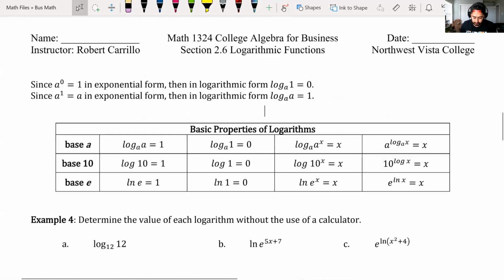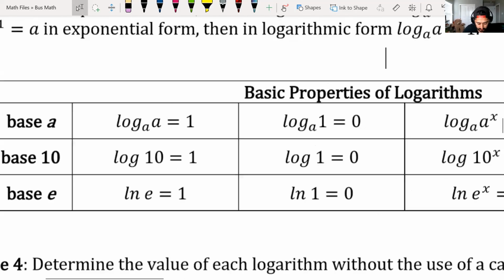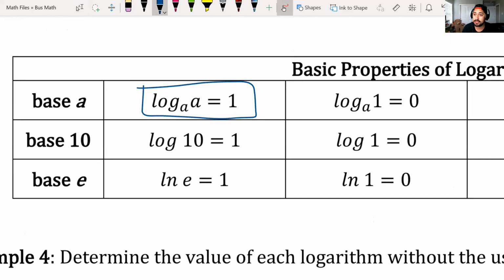Okay. So this lovely box, basic properties of logarithms. Let's look at the first column. We just saw this one above. It says log base a of a is 1. So if the base is the same as the number inside the log, the answer is always 1. Hence, that's why log of 10 is 1. If there is no base shown on the log, we understand that base is 10.